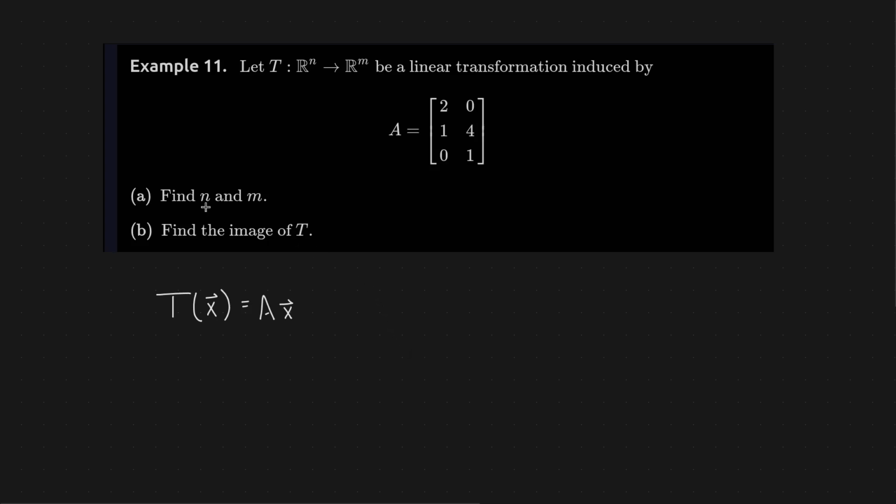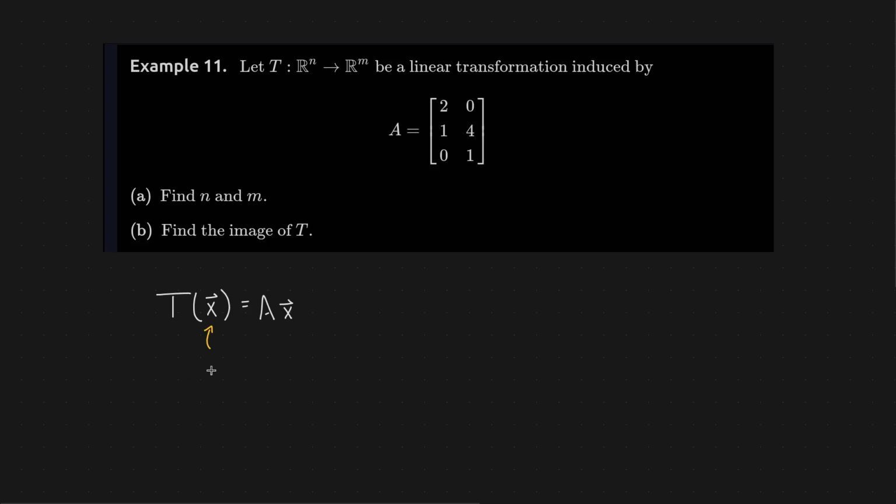Okay, so I need to find a few things. I need to find n and I need to find m. Then I want to find the image of T. Okay, so n and m are the dimensions of my vector spaces, Rn and Rm. So what's going to make sense here? My input vector x should be n-dimensional.